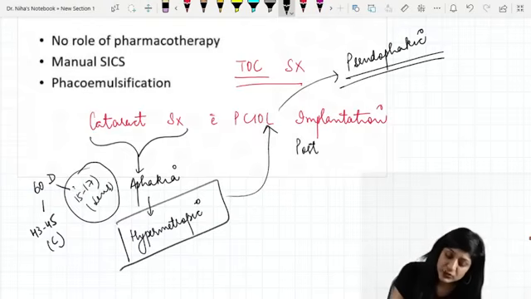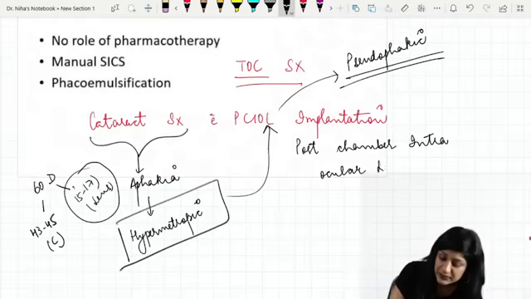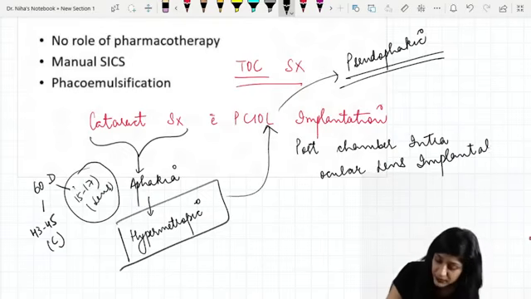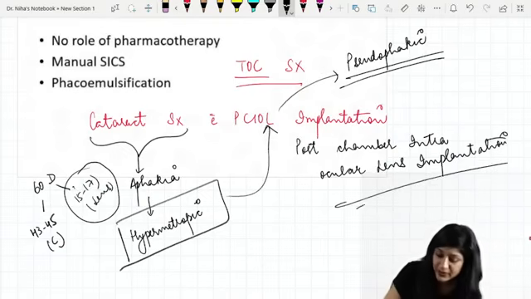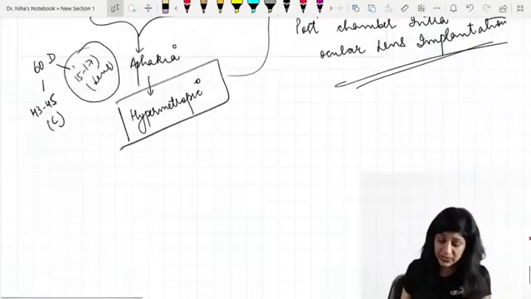This is your posterior chamber intraocular lens implantation. Now we have different kinds of surgeries that we can do.